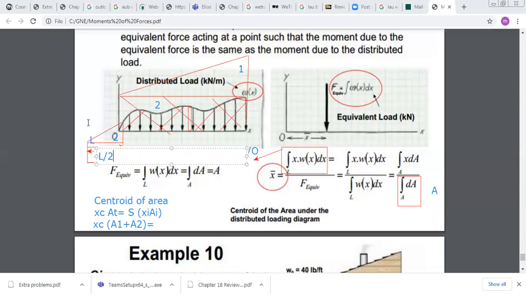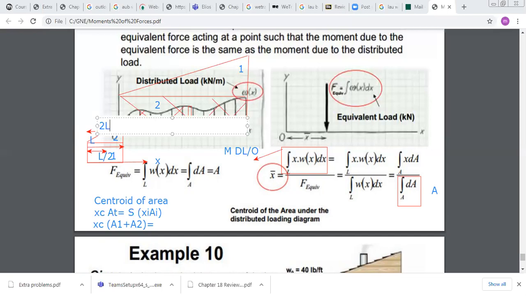And for a triangle, if you know the geometrical property, the distance from this point to the centroid is 2L over 3, because the centroid is at 1 over 3 from the base and at 2 over 3 from the edge here.